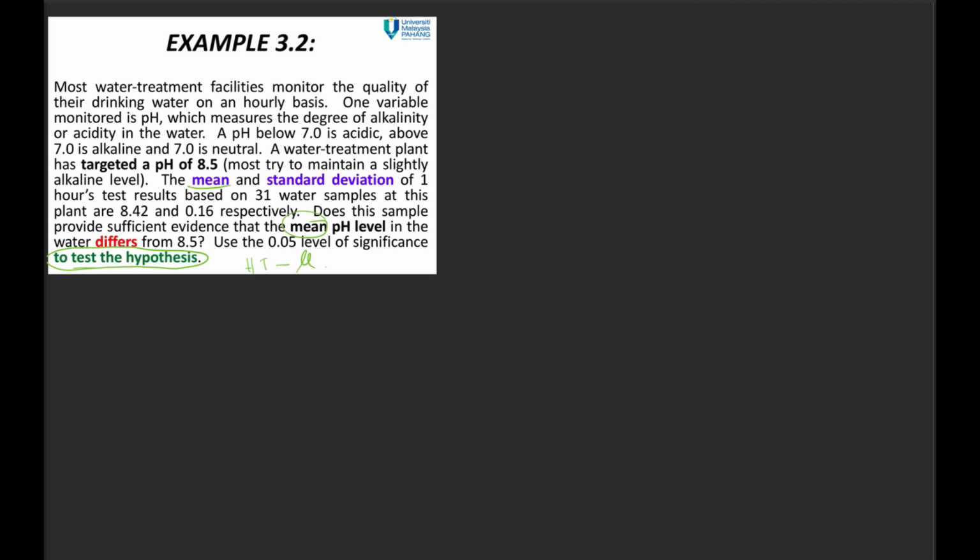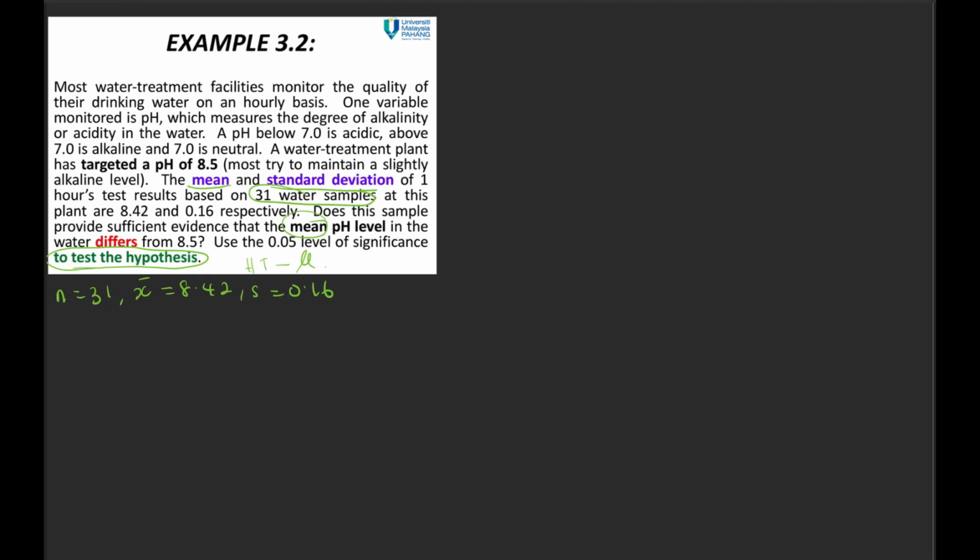When you read the question, you extract the information. It says the mean and standard deviation for 31 water samples, so your n is 31. From this sample size, they give you the sample mean, 8.42, and the sample standard deviation, 0.16. The question asks whether the mean pH level in the water differs from 8.5.